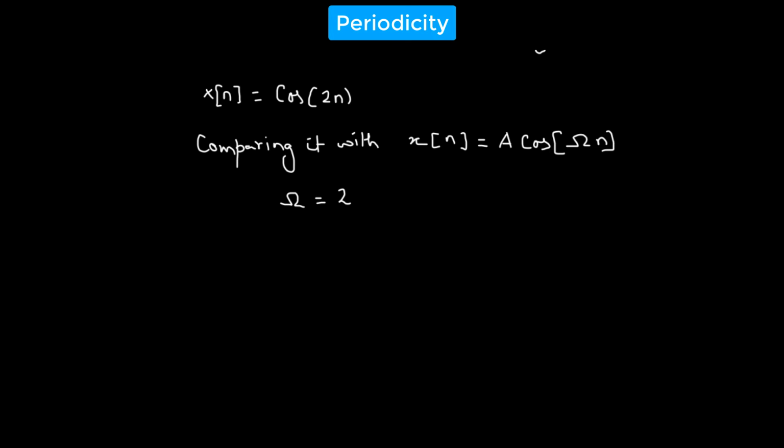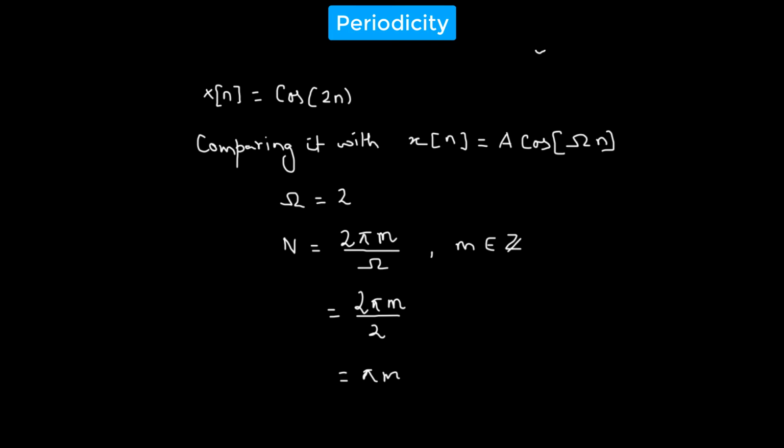Now that we know the value of omega, N will be equal to 2 pi m divided by omega, where m is an integer. Let's replace the value of omega by 2, so that leaves us with pi times m.